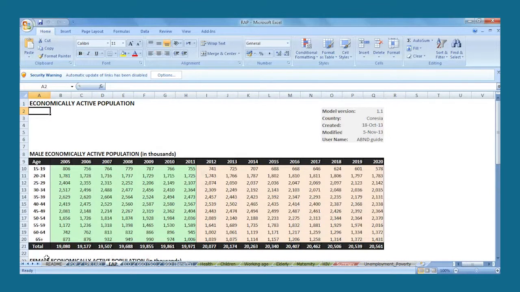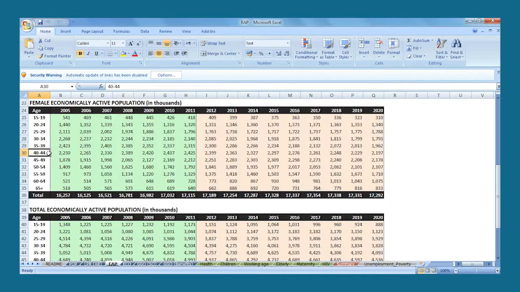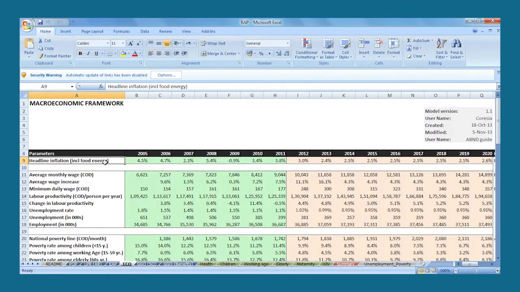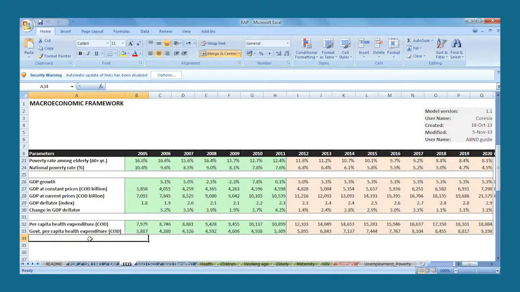EAP, or economically active population, is the number of people in the country who are part of the labor force. The data in EAP is obtained by multiplying the data in the POP and AR worksheets. ECO, or macroeconomic framework, contains economic indicators about the country, such as inflation, minimum wage, unemployment rate, poverty line, GDP, and other indicators.